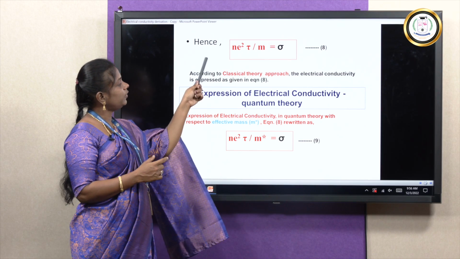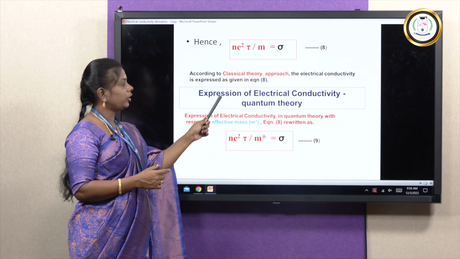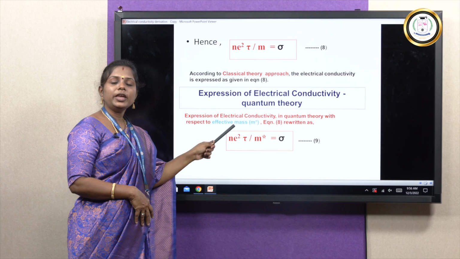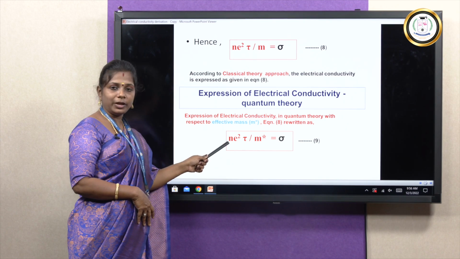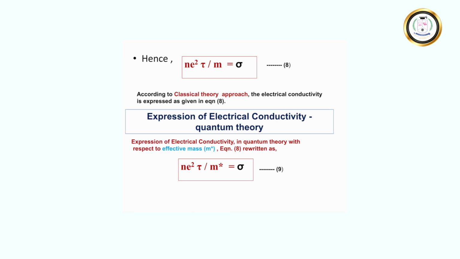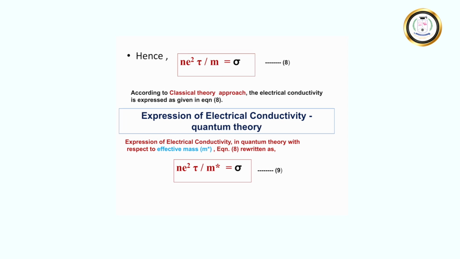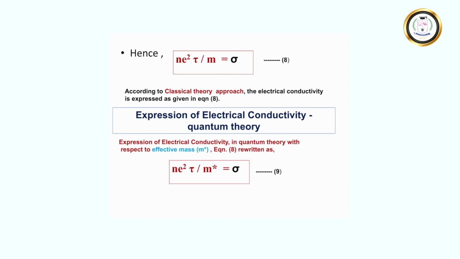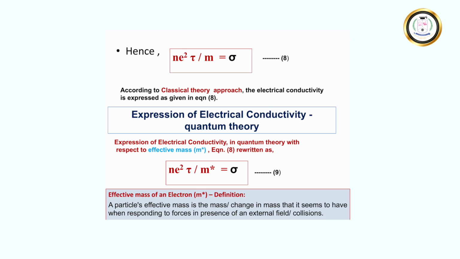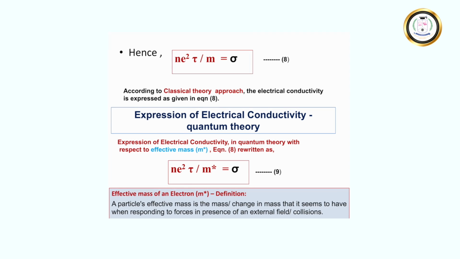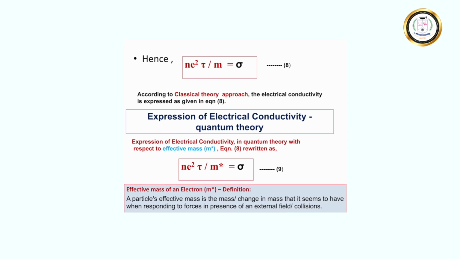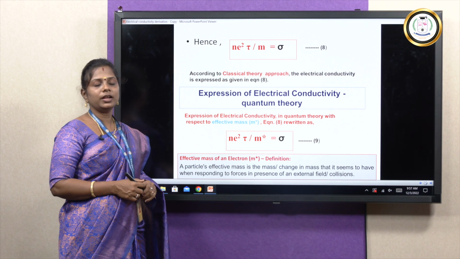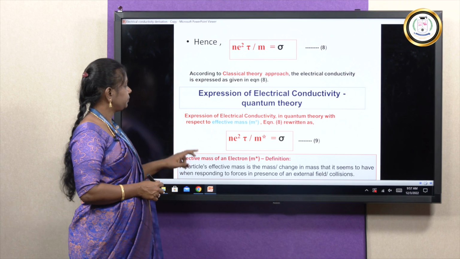So, equation 8, according to the quantum theory, by using the effective mass of an electron, is reframed as sigma is equal to N e square tau by m star. m star is, as I said, the effective mass of an electron, a particle's effective mass or change in mass in the presence of an external applied electric field.